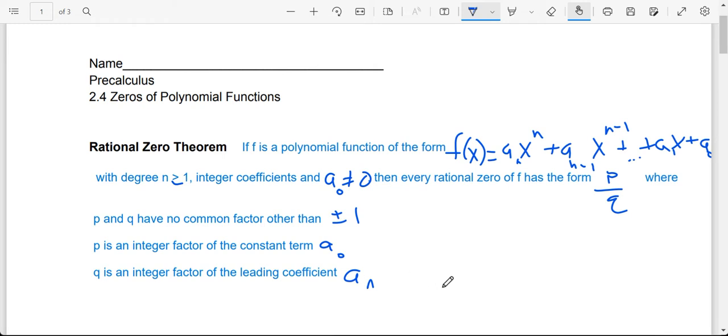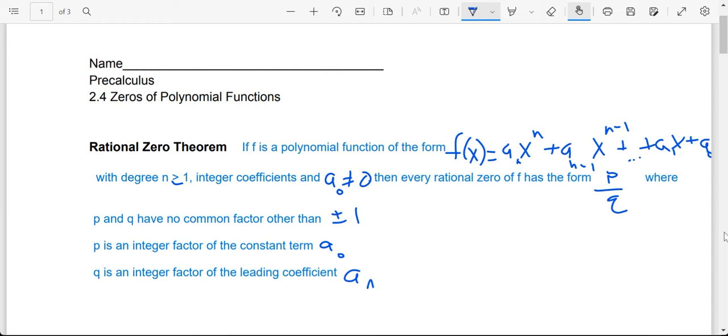So what we are going to do is we can have an easier time finding out what your rational zeros are if you take the factors of your leading coefficient and the factors of your constant up front and divide all of them. Okay, those are going to be all of your possible rational zeros.